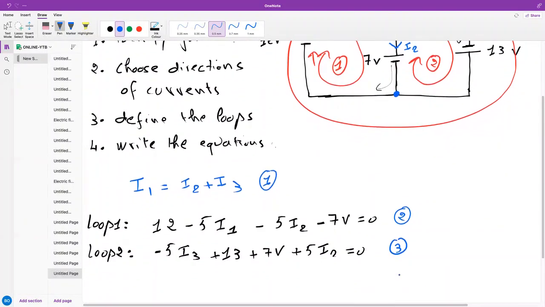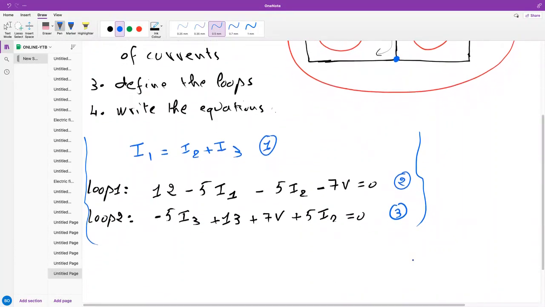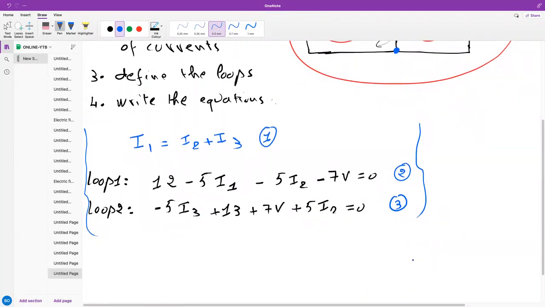So here I have a system of 3 equations that contains 3 unknowns, I1, I2, I3. It's a very easy system that we can solve either through a determinant or through substitution. Let's do a substitution.